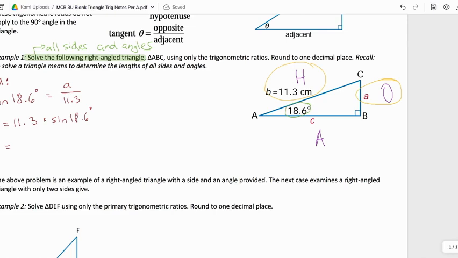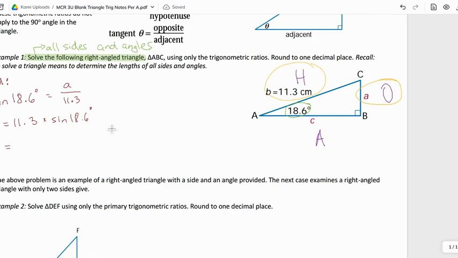So you can go 11.3 times 18.6 sine, and then equals. It should always be in degrees mode. Try that out now.